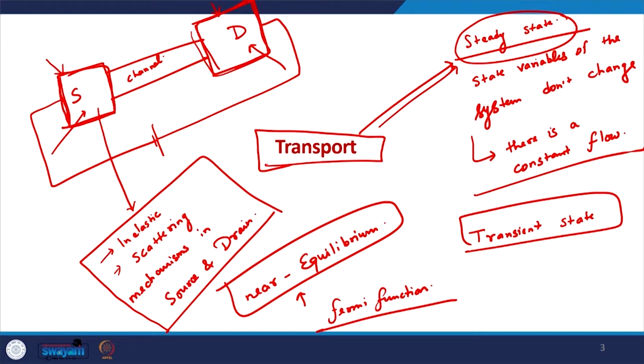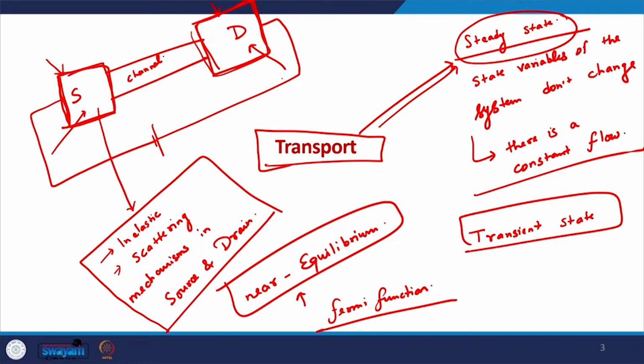So that is one point that we need to keep in mind while studying transport. Even though the transport is not an equilibrium phenomenon, even then we can use the notion of Fermi function at least in the source and the drain. Okay, so that is one thing.